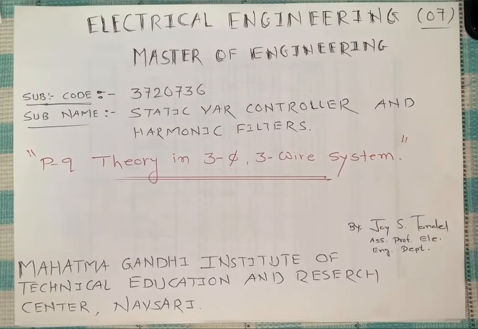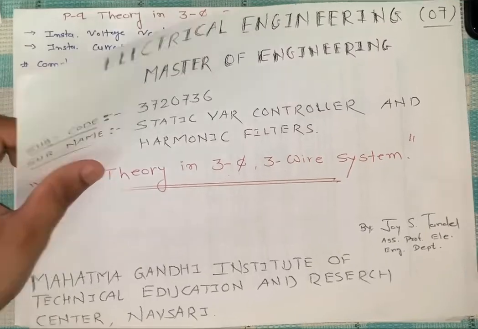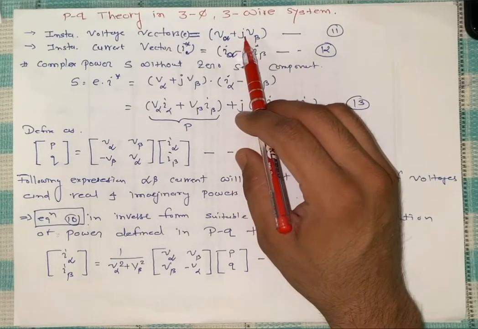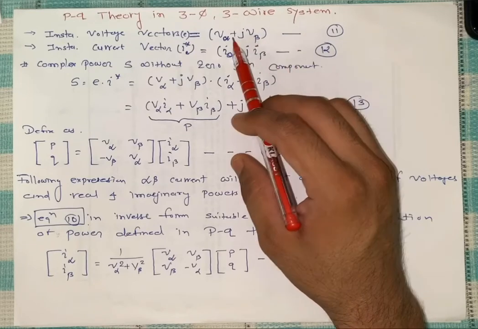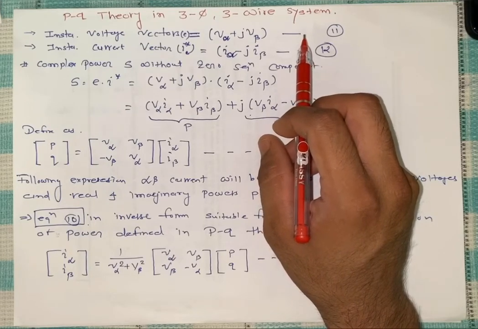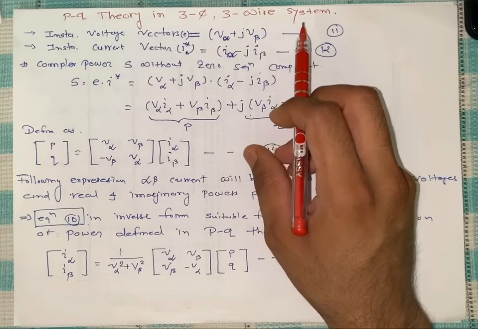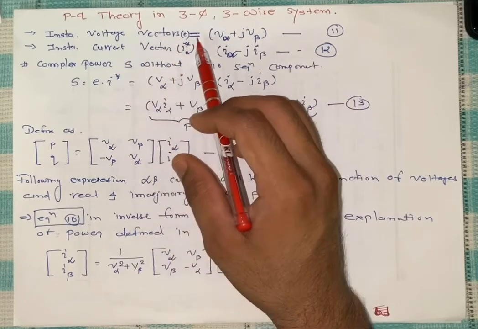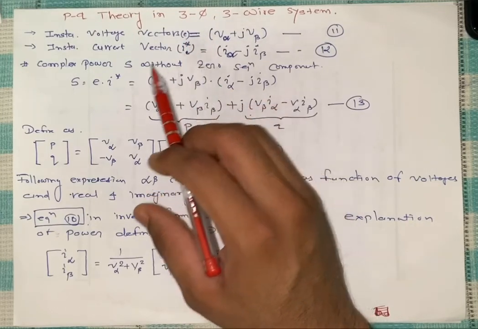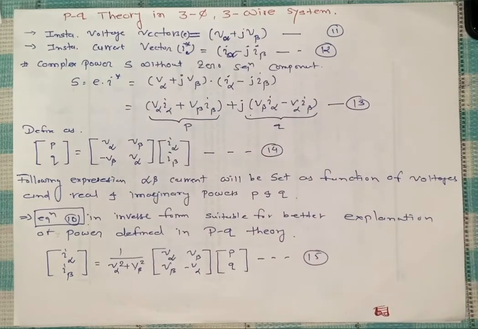Whatever equations we consider, we take in vector form first of all. The instantaneous voltage vector is considered as VA plus j VB. We do not consider V0 because zero sequence has no shifting, so it is absent. This voltage vector is called E, because later we need the apparent power, S is equal to P plus jQ, or E into I conjugate.